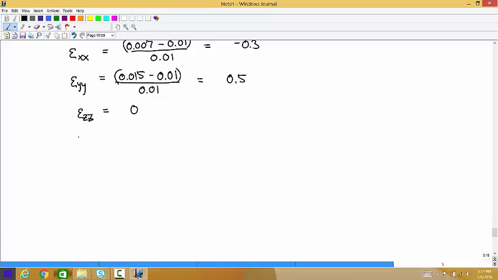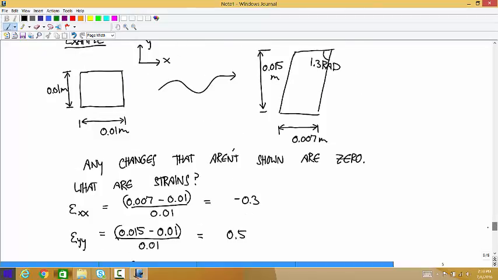Okay, now the shear strains. Gamma xy. These are the positive faces. And so that's the angle that we're going to use.